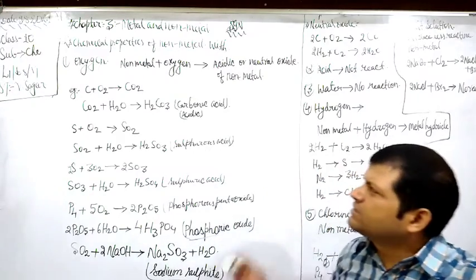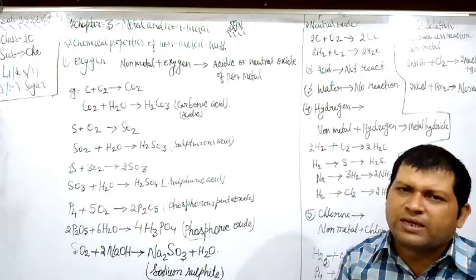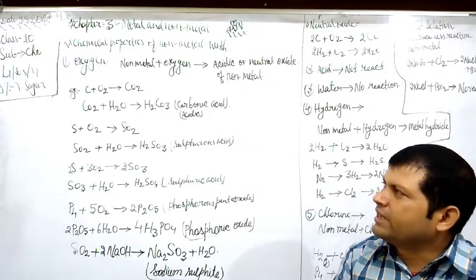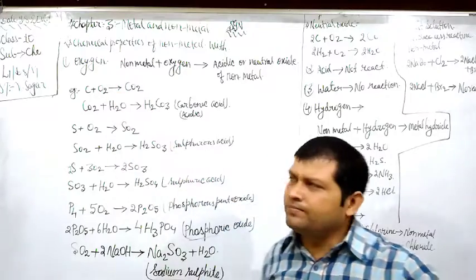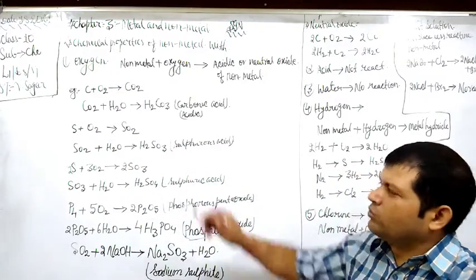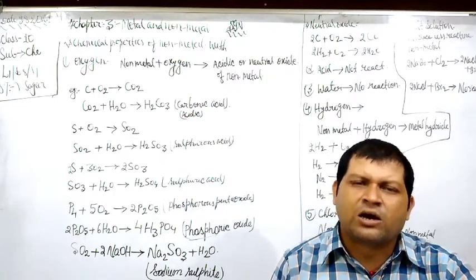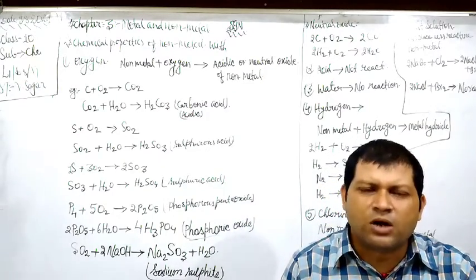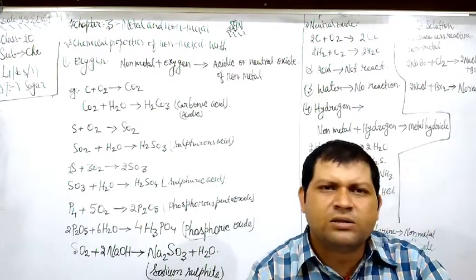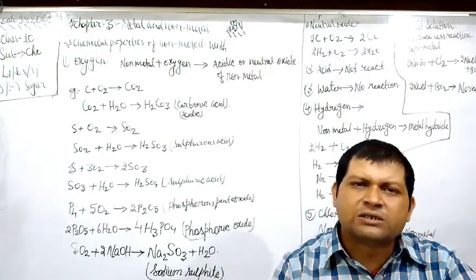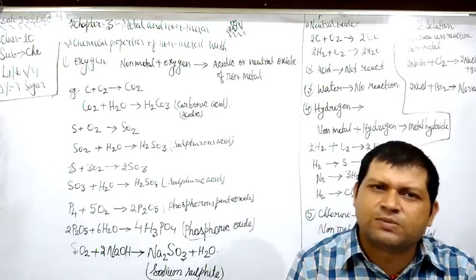So how does the reaction take place? For example, here I am going to explain about some reactions of nonmetals with oxygen. When nonmetals react with oxygen, the oxides of nonmetals form. When these oxides react again with water, the formation of acid takes place.